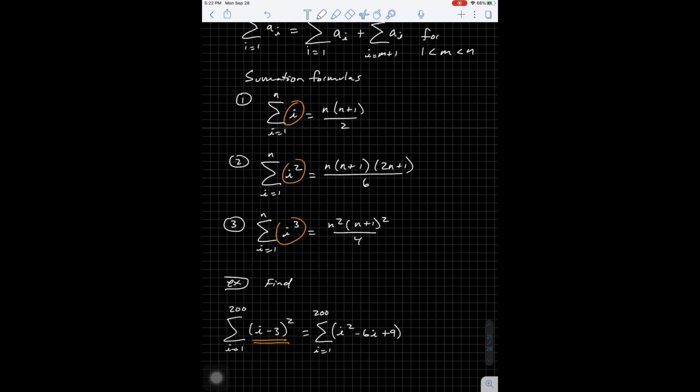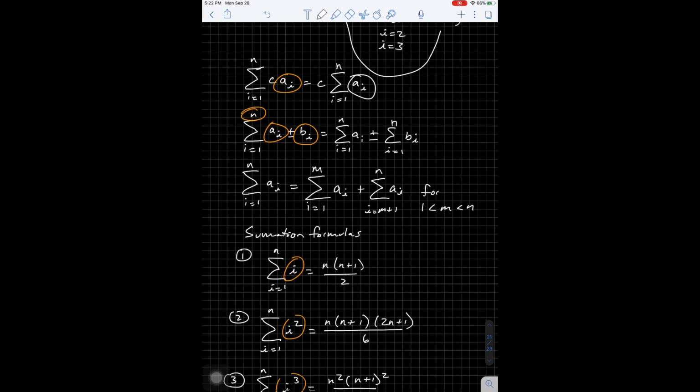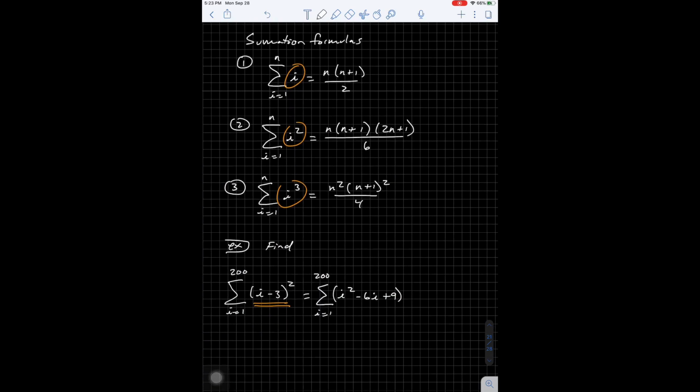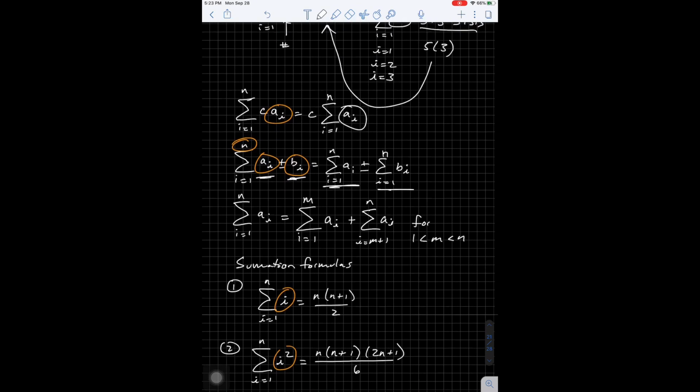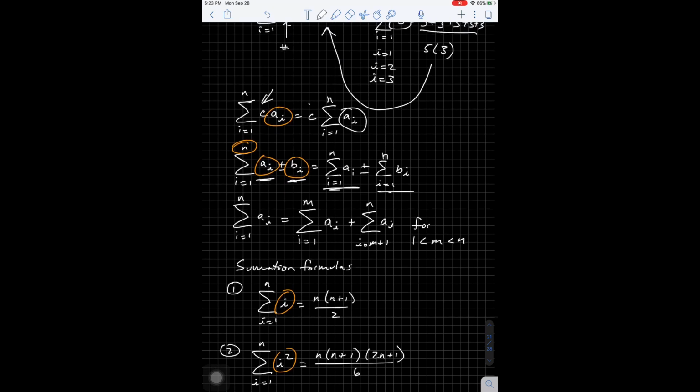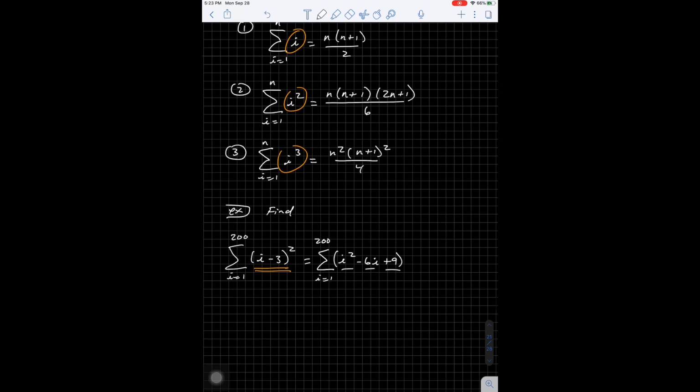And now these properties say that when I have things added or subtracted together, I can just look at one at a time. I can distribute this summation through these three terms. Not only that, but this first property says that I can take any numbers and pull them out front. So this -6 and the 9 can come out in front if I choose.